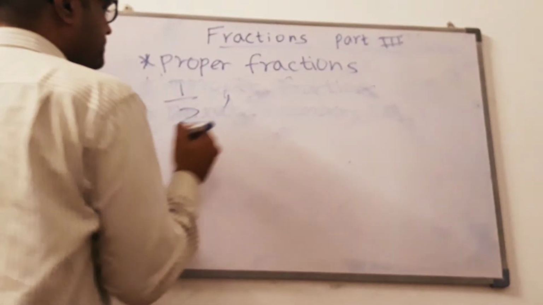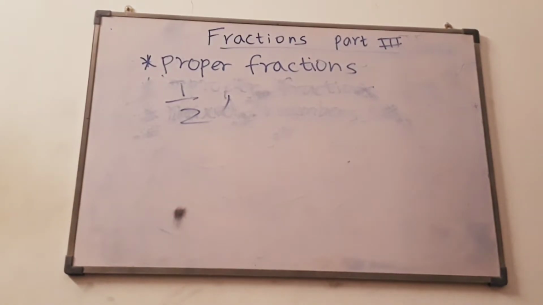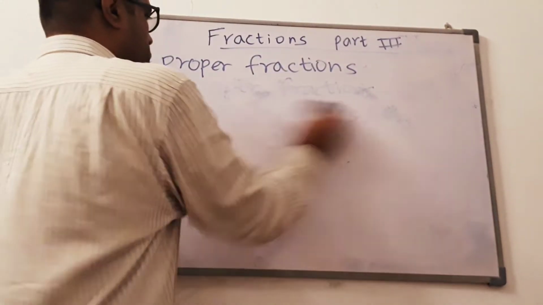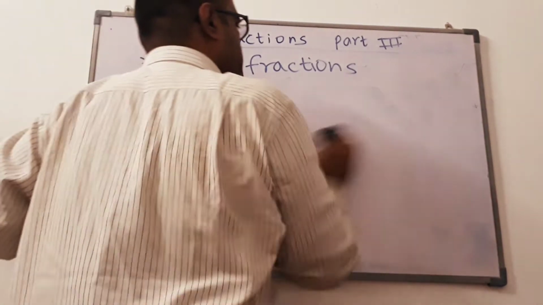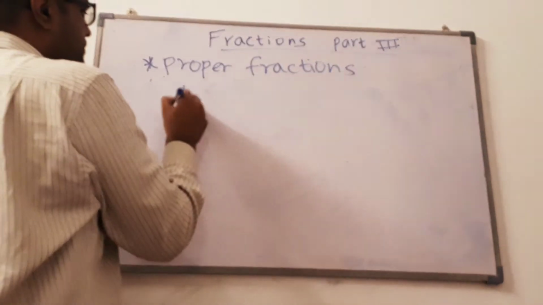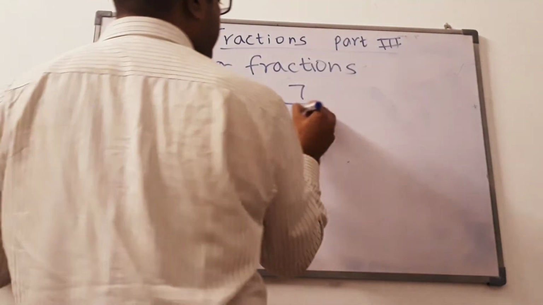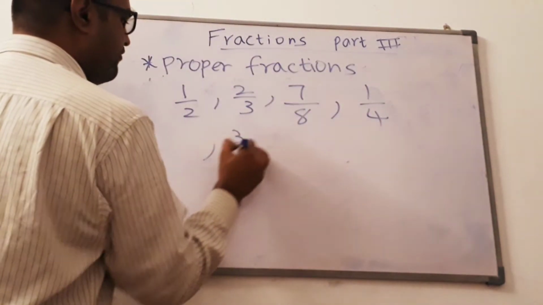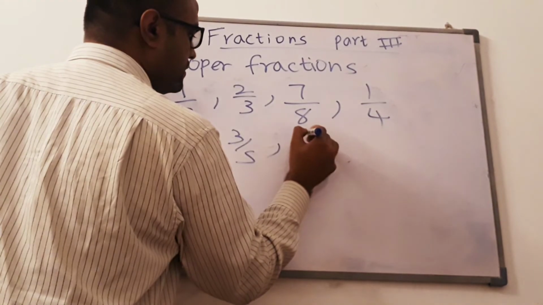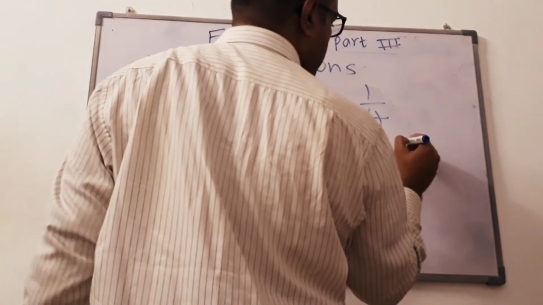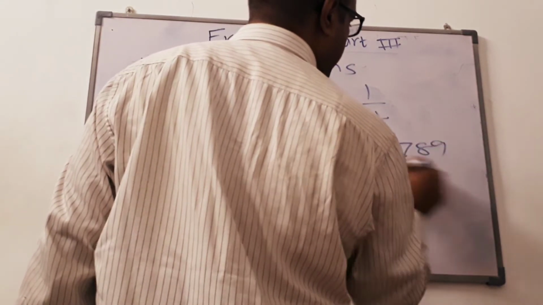Half, 2/3, 7/8, 1/4, 3/5, 67 out of 100, 789 out of 1000.